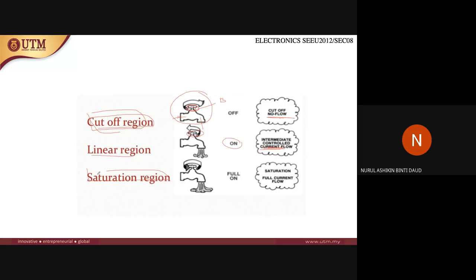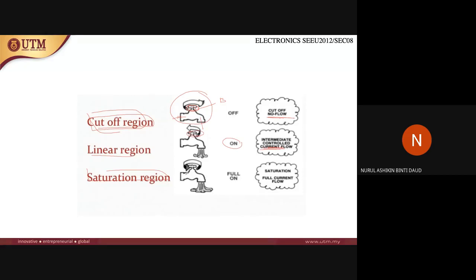You have turned the toggle to the maximum point, so there will be maximum water flow, and no more water can flow from the pipe, right?